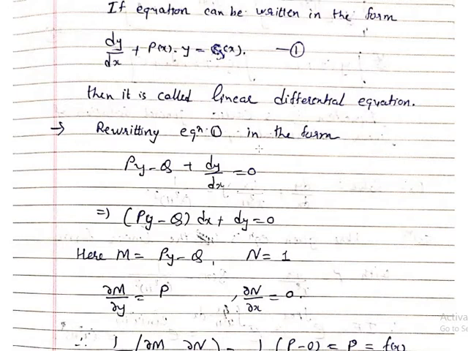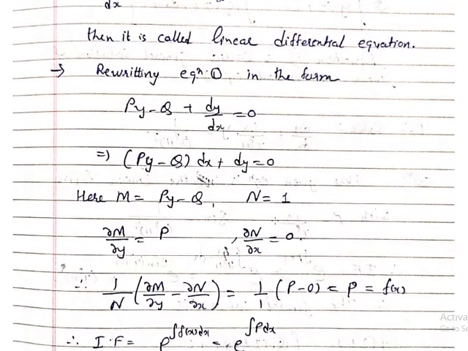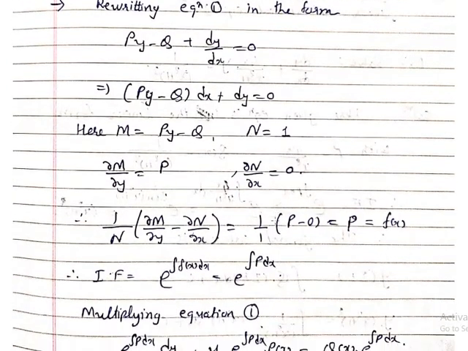We are going to rewrite it in the form (Py − Q) dx + dy = 0. Applying the case of integrating factor, M = Py − Q, N = 1, ∂M/∂y is P, and ∂N/∂x is 0.